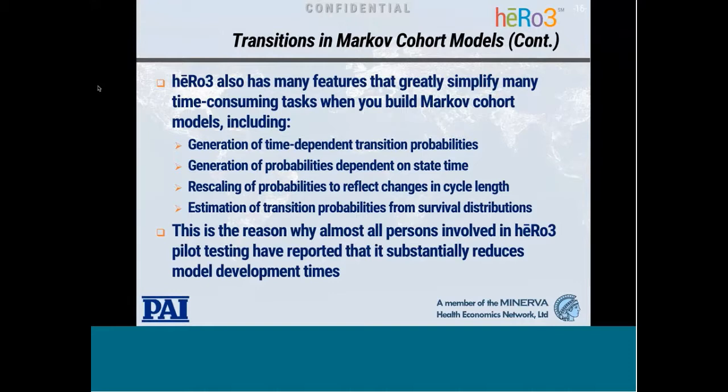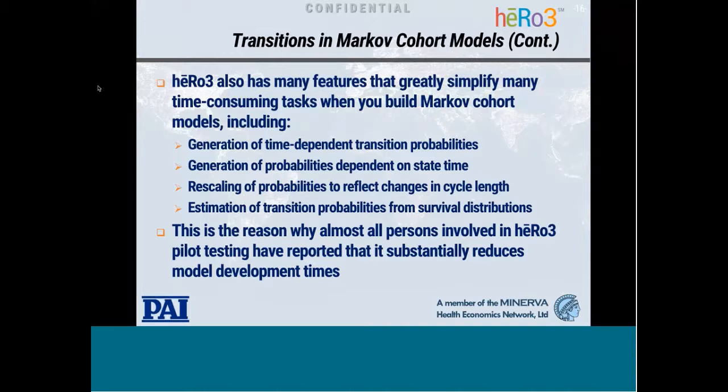In heRo, it's just a matter of writing a formula such that it calculates that transition probability as a function of time, and it will automatically handle the process of creating those transition matrices for you. Similarly, in Excel, if you want to have transition probabilities depend on how long you've been in the state, you need to manually create a ton of tunnel states, whereas in heRo3, again, you just reference our special variable for state time, and those tunnel states will automatically be created for you, and you can control how many tunnels you want to create.